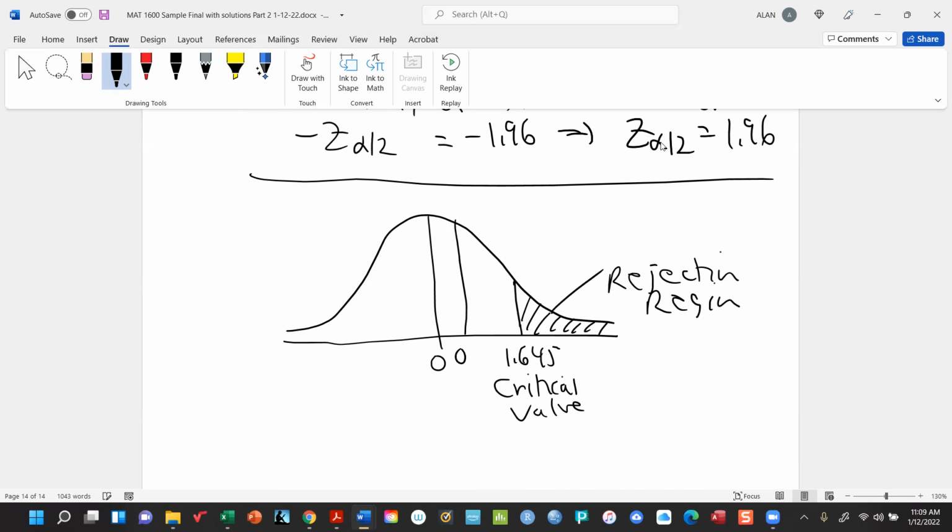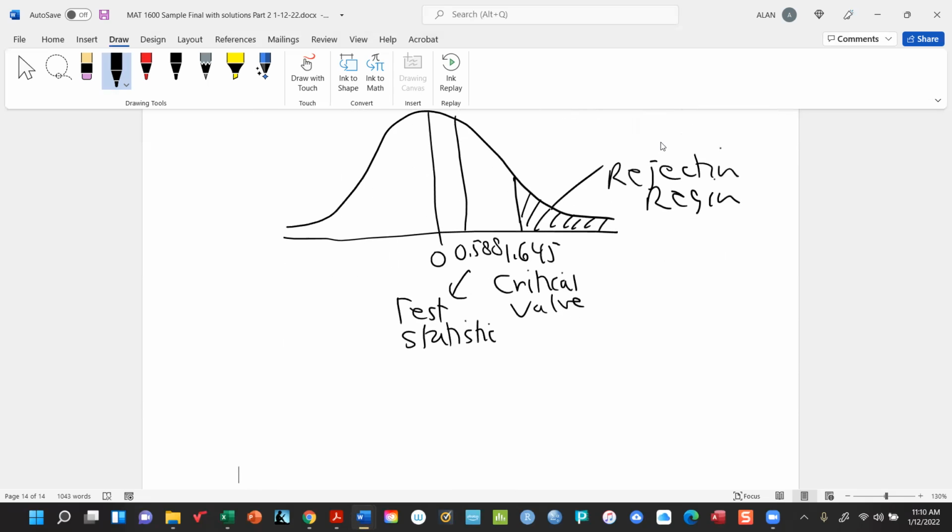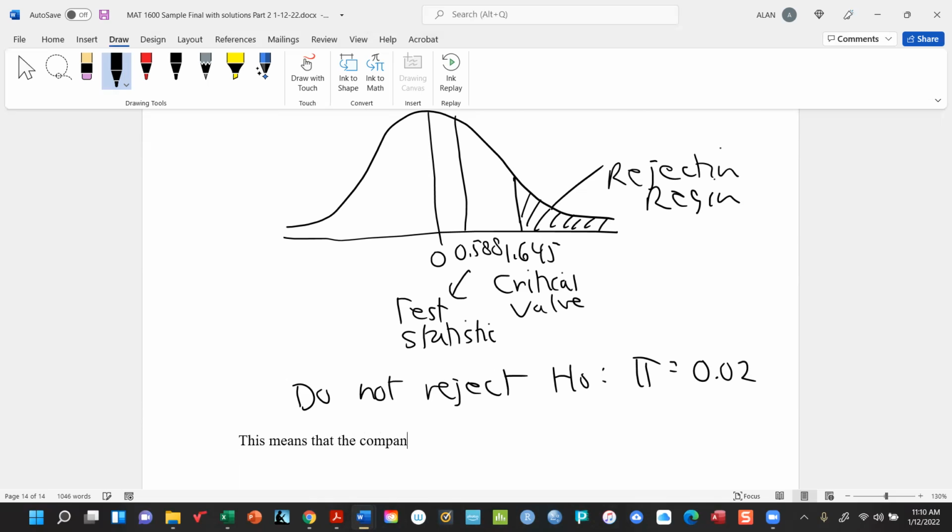It's way over here somewhere. So it's pretty small. So therefore, what that means is that we do not reject the null that the proportion equals 0.02, which is good news because this means that the company does not have to change the manufacturing process, which is a relief to them.